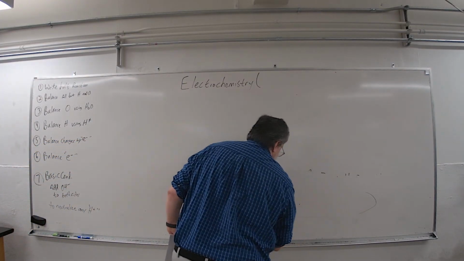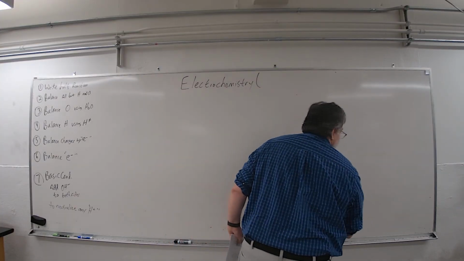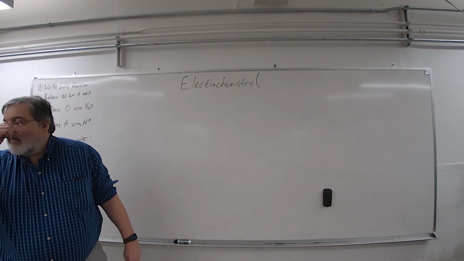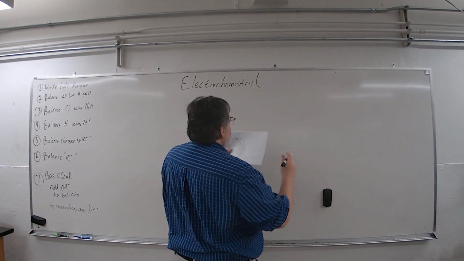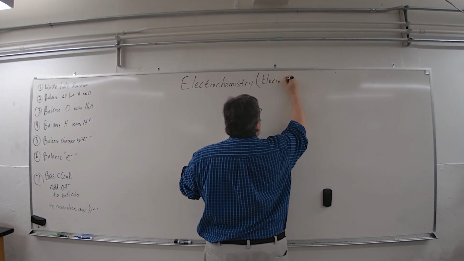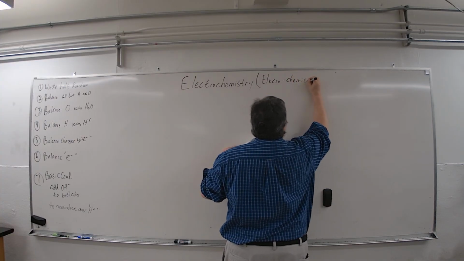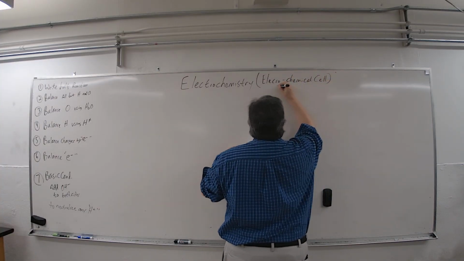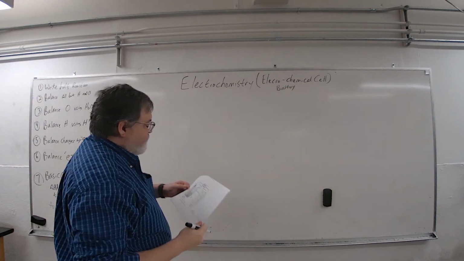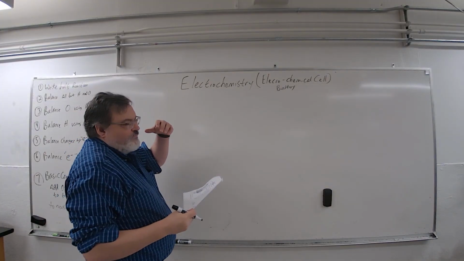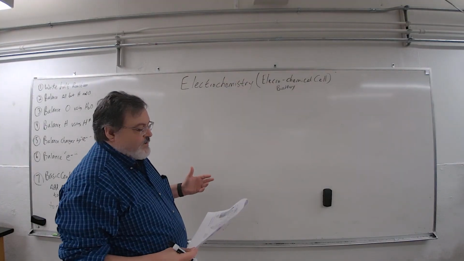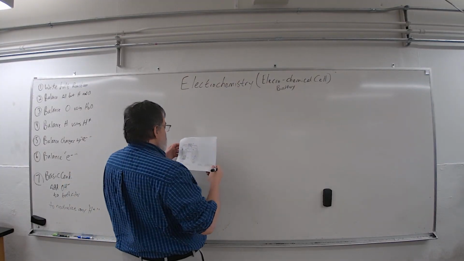So you've certainly used AA and AAA batteries, and even the lithium-ion batteries are like this. The batteries you're used to are made to be tight and compact, but you can make an electrochemical cell in a lab using beakers and stuff.